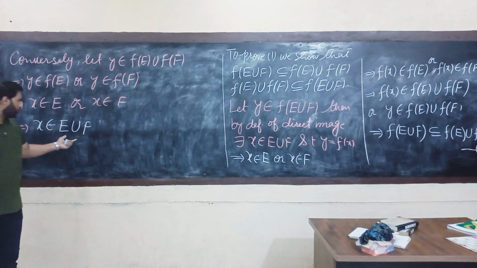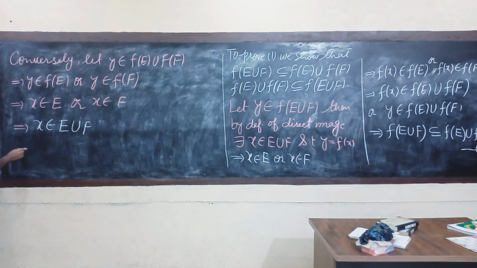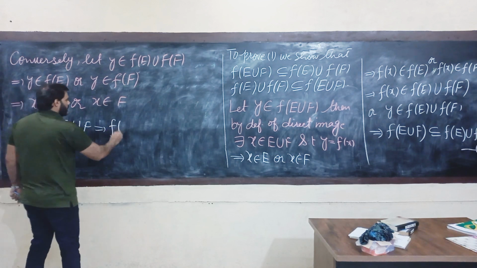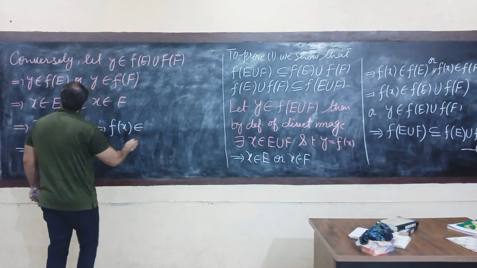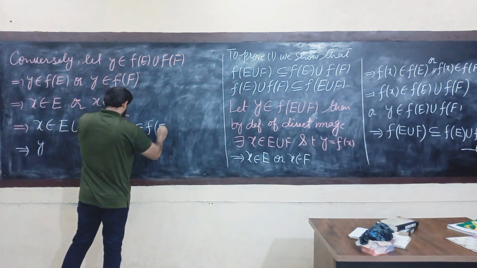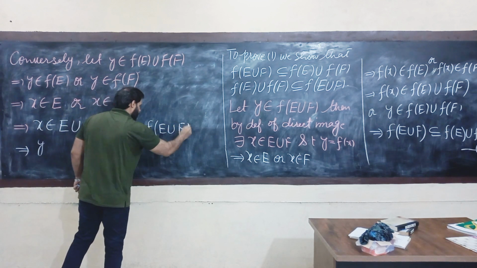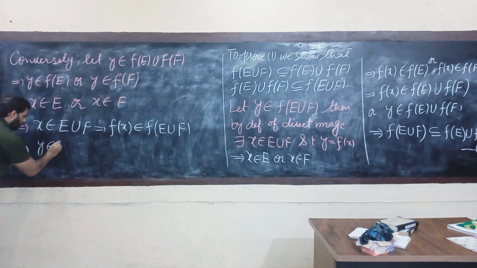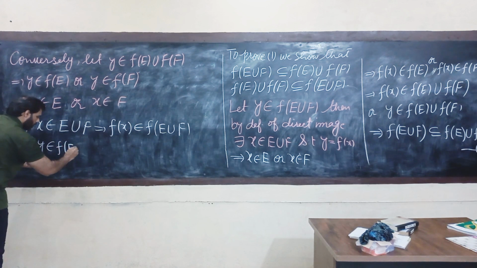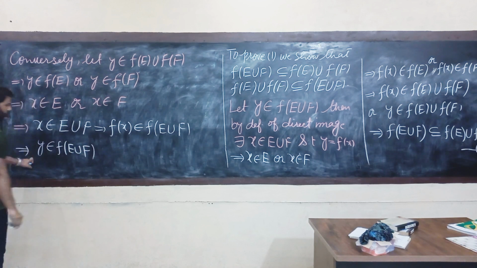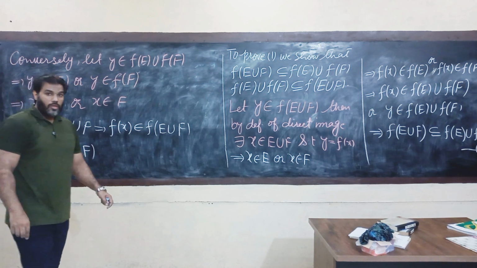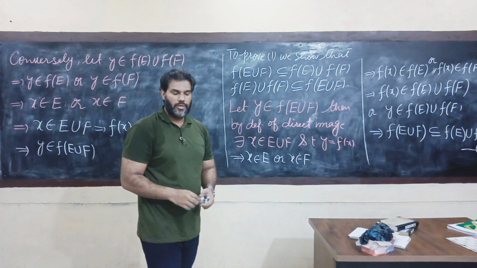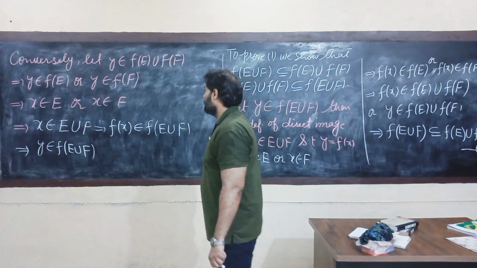If x is an element of E union F, then by definition of direct image there exists a y. This implies f of x belongs to the set f of E union F. Or we can write y belongs to f of E union F. Again we write that y was an arbitrary element of this set.